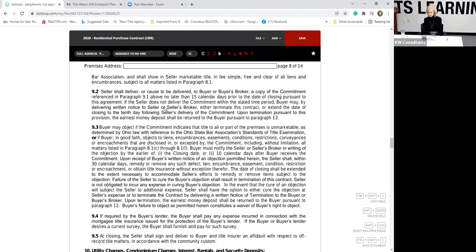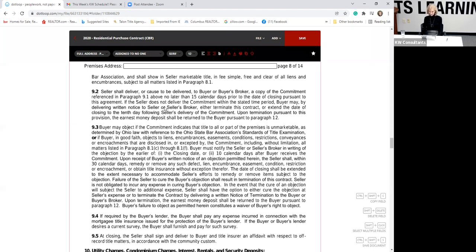So the agent, instead of checking that out, asked the seller's agent, are there any deed restrictions about cutting down trees? And he sent her a text and said, no, not that I know of. Well, anyway, there's a lawsuit, of course, because they bought the property and they couldn't cut down the trees.